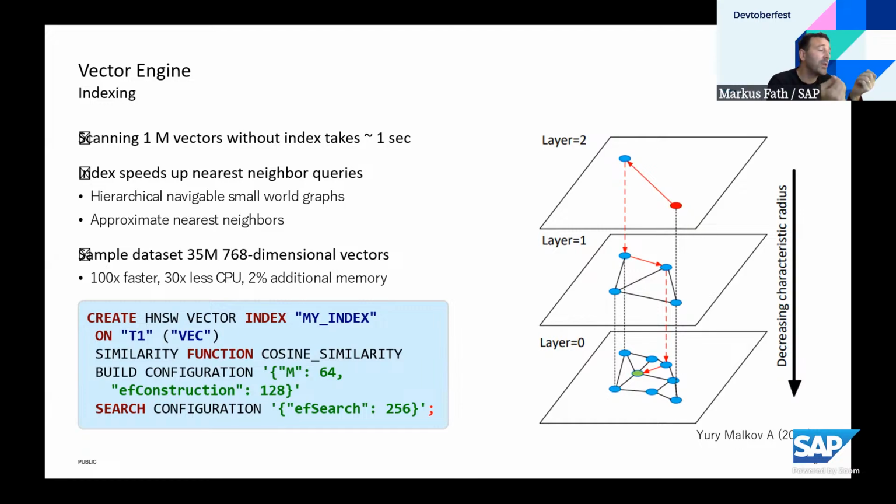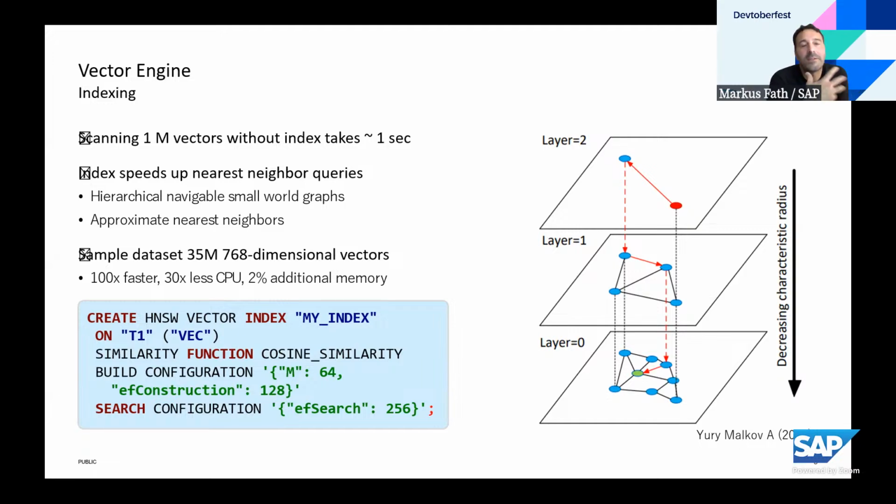In order to speed up these k-nearest neighbor queries, you can create an index, and that is new with QRC3. It builds an index on these vector data and substantially speeds up these queries. However, these indexes allow you to evaluate approximate nearest neighbors.